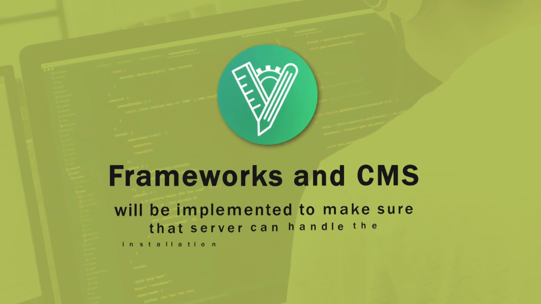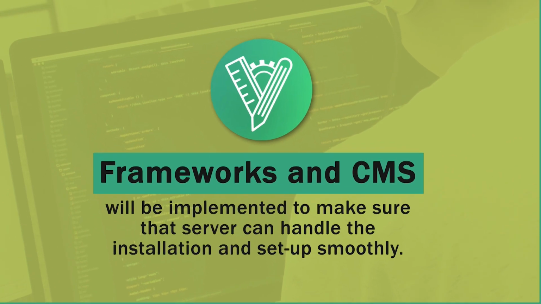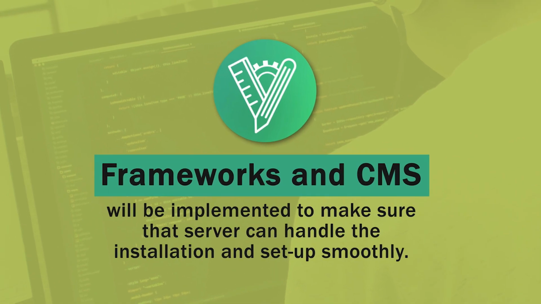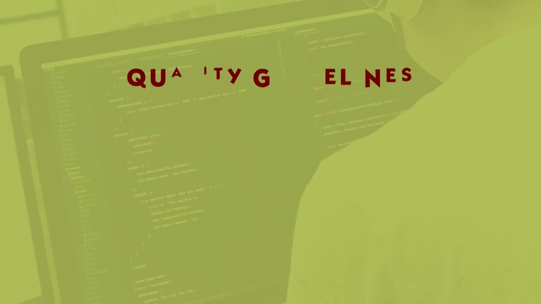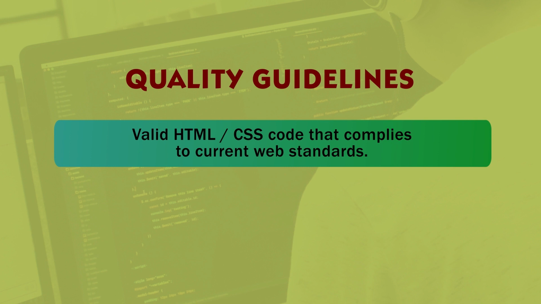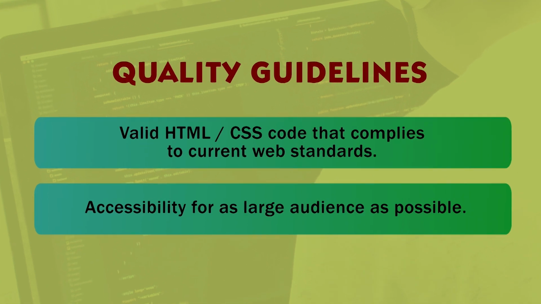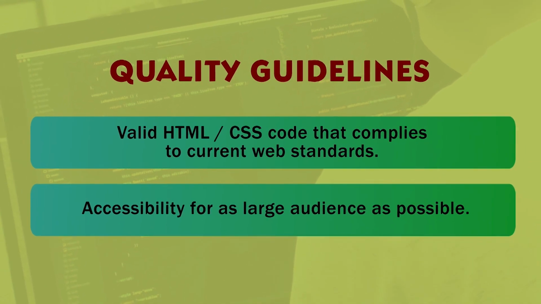Frameworks and their CMS, content management system, will be implemented to make sure that the server can handle the installation and setup smoothly. They implement the quality guidelines, the valid HTML and CSS code that complies with the current web standards, as well as accessibility for as large an audience as possible. These need to be focused on in this web development stage.